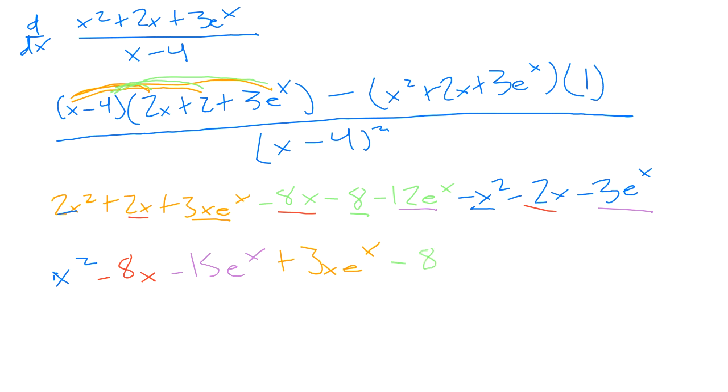This is going to be all over x minus 4 squared, and unless they ask you specifically to expand that denominator, I would just leave it as that.